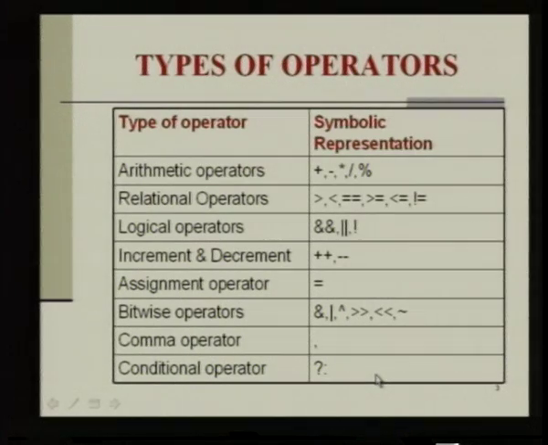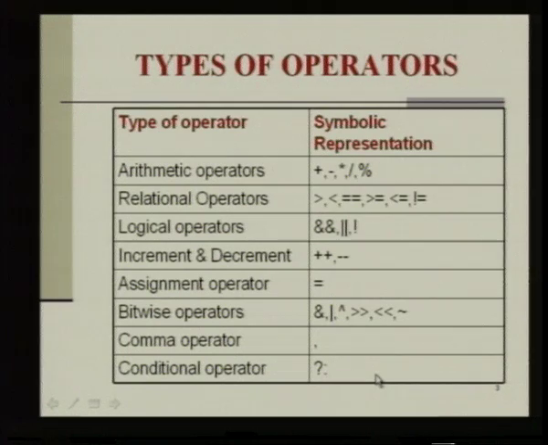There are plenty of operators available in the software language C. Just to give you an overview of all the operators that are available in C, here you can see the type of operators and their symbolic representation. We have arithmetic, relational, logical operators which require a minimum of 2 operands to perform their operation.